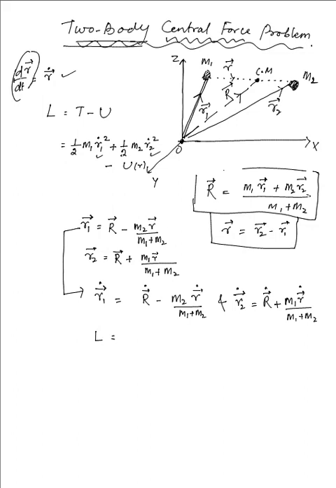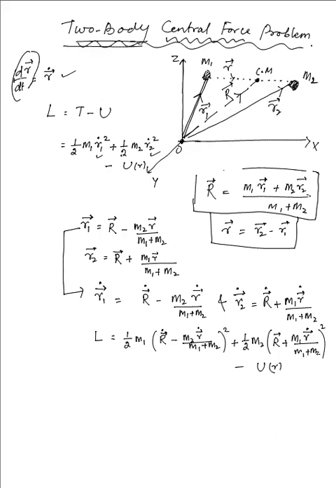So the Lagrangian, which is the kinetic energy minus the potential energy term, we get half m1 multiplied with this entire term, that is r vector dot minus m2 r vector dot, m1 plus m2, plus the other term, that is half m2 times this term, that is r vector plus m1 r dot divided by m1 plus m2, minus ur. That seems fine. Obviously these are square terms.